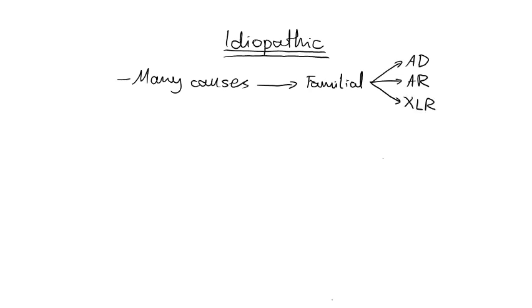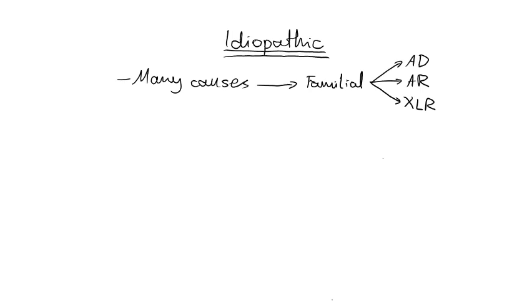So as you can see, its inheritance in terms of a pattern is not very specific, but if you have a patient with dilated heart conditions, then you can, if you want to try and confirm the diagnosis, see if the patient also has a family history of such conditions.